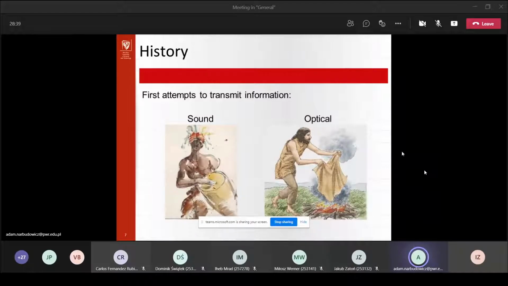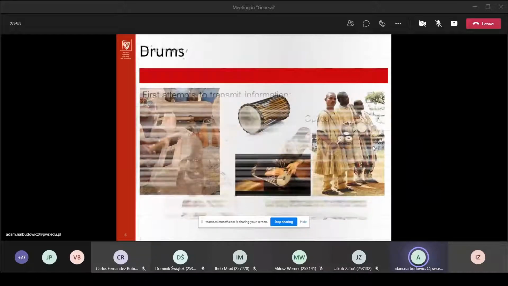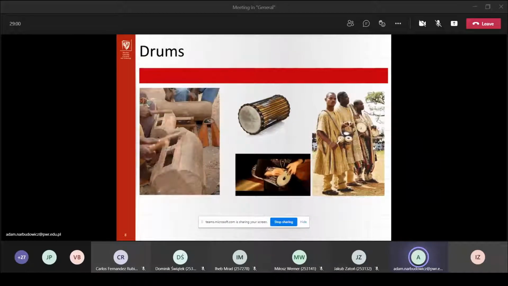There have been some very old attempts to transmit information, either by transmitting sound, like we can see here with the drums, or by fireplace smoke signals. This is one example of the drums that were used to transmit communication.